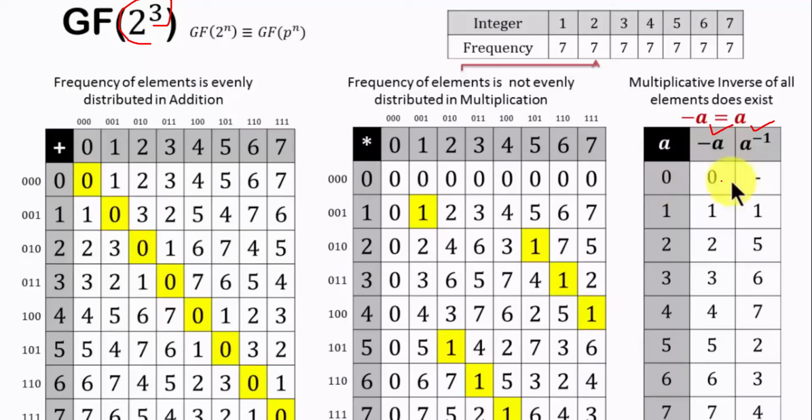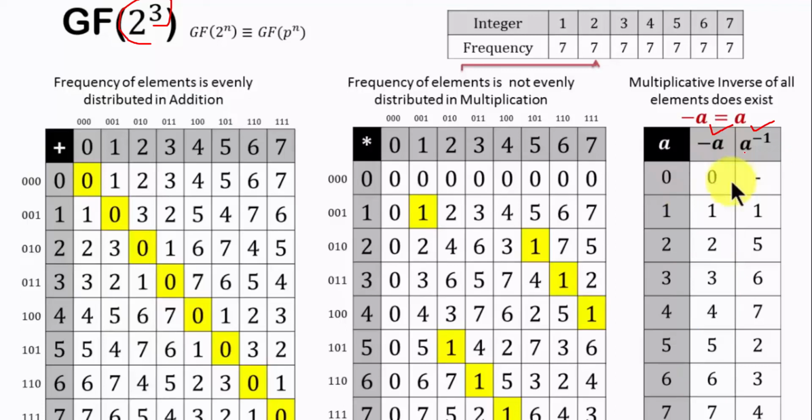So we need to remember this particular point: the additive inverse of a number is that number itself, in the case of the addition operation defined over the Galois field of 2 to the power 3. Keep this point in your mind.